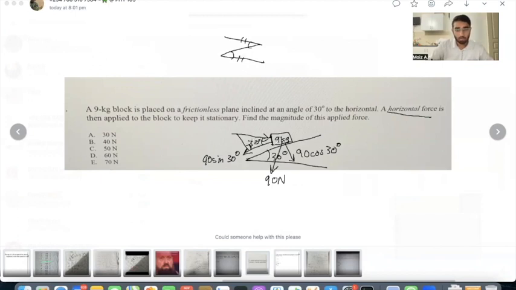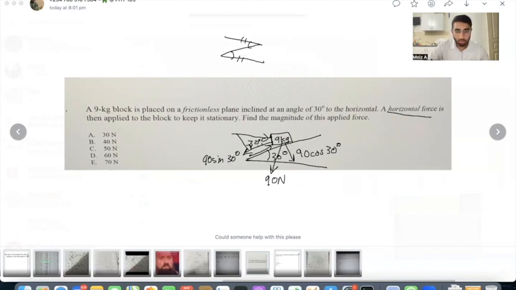So what we're gonna do is we need the component of this horizontal force, the component parallel to the incline, to be 90 sine 30, right? So it's making a triangle, okay?